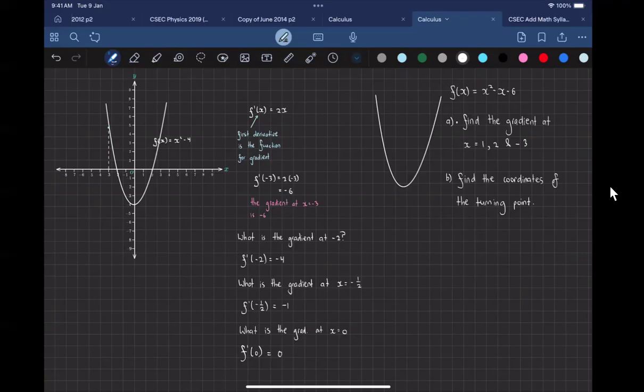Okay. Now figure out part B. You could find the coordinates of the turning point. What do we know about the turning point? The gradient of it is equal to 0. Right? That's all you need. Figure it out.